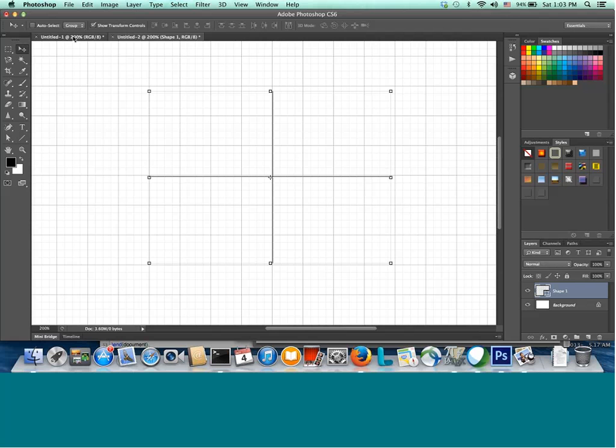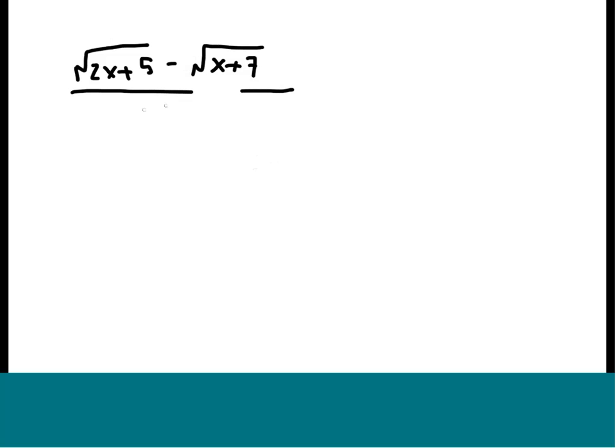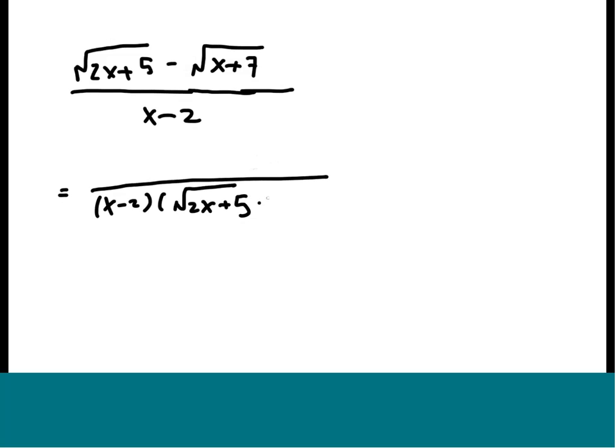It is 2x plus 5 minus, so that thing just to get, plus square root of x plus 7.